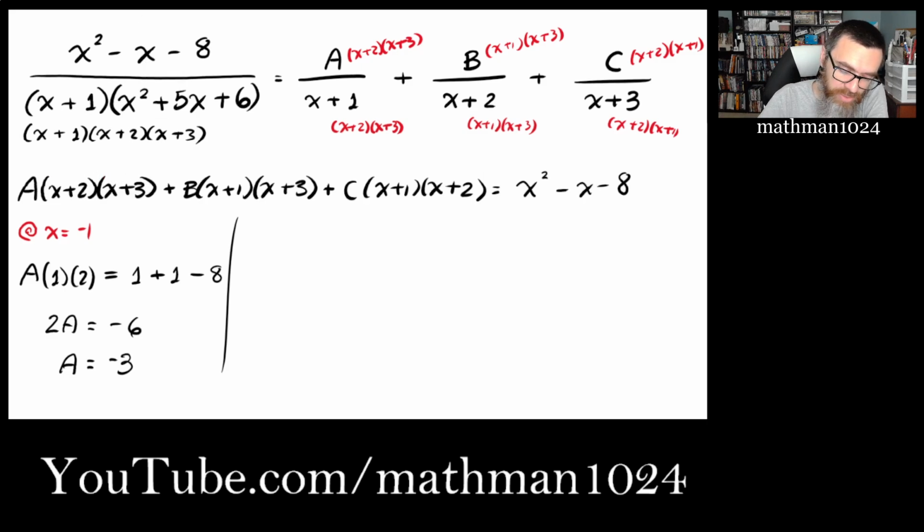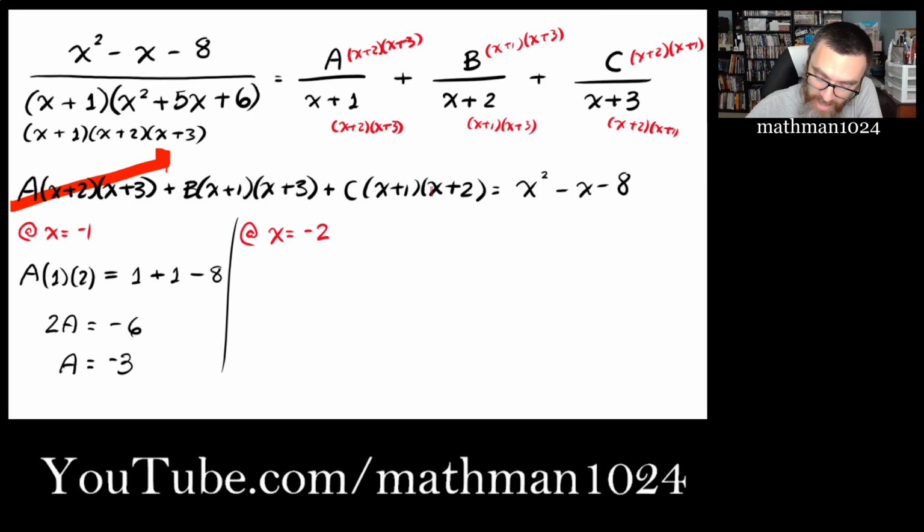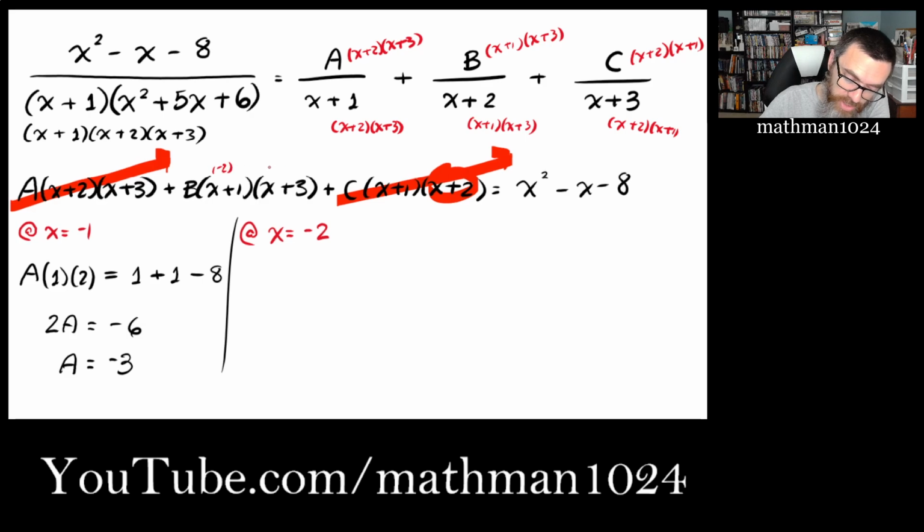So we did x equals negative 1 because that was the first one that would eliminate. The other critical value that we have is negative 2. And when I plug in negative 2, you'll see that negative 2 is going to kill this guy, and a negative 2 right here is going to make this guy go away as well. So all we need to do is plug in the negative 2 here and see what happens.